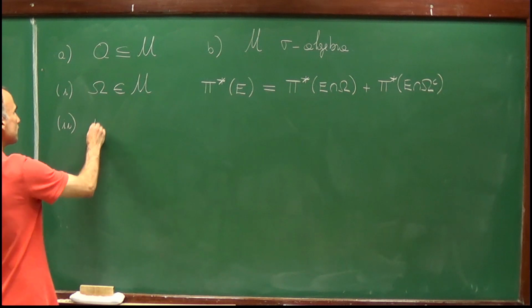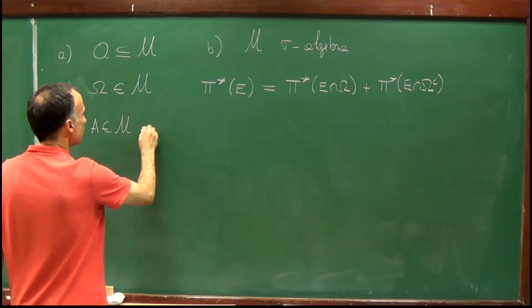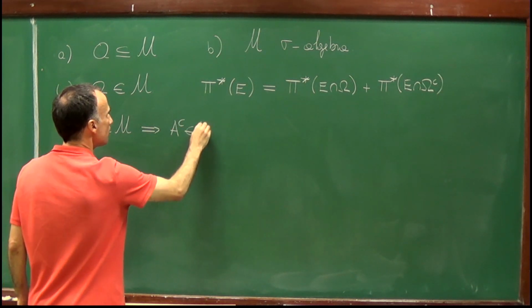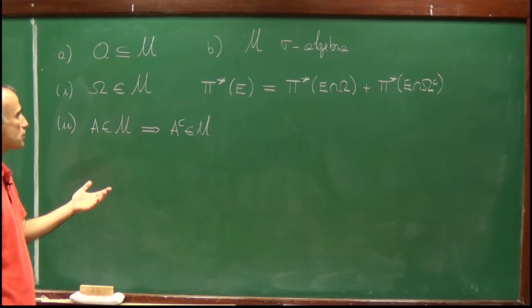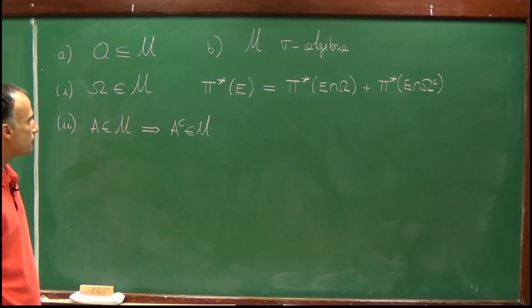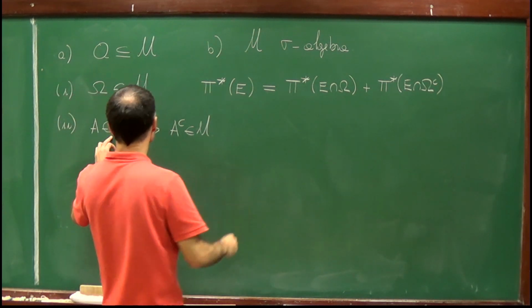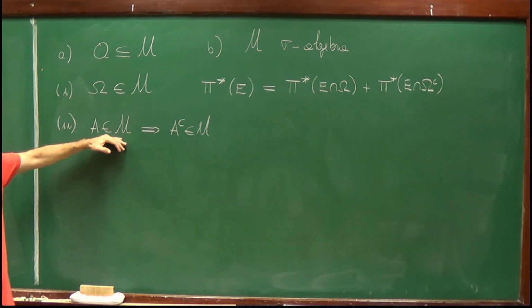Then the next property which we need to prove for M is that it's closed by complement. So let's assume that A belongs to M, and we want to prove that A complement belongs to M. But this is clear because the definition of M is symmetric with complements. More precisely, what does it mean that A belongs to M?